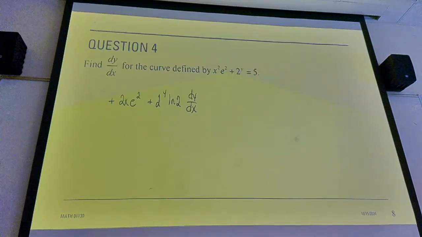Why? Because the product rule comes out to be 2x e squared. Technically yes, but you don't need product rule for that. Oh, because e squared's just a number. That's a constant multiple rule. You can use product rule, but the derivative of e squared is 0.